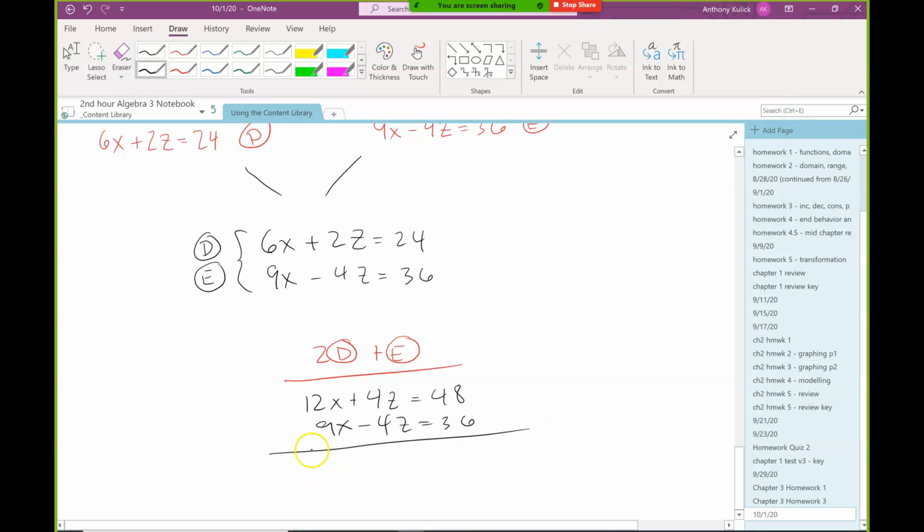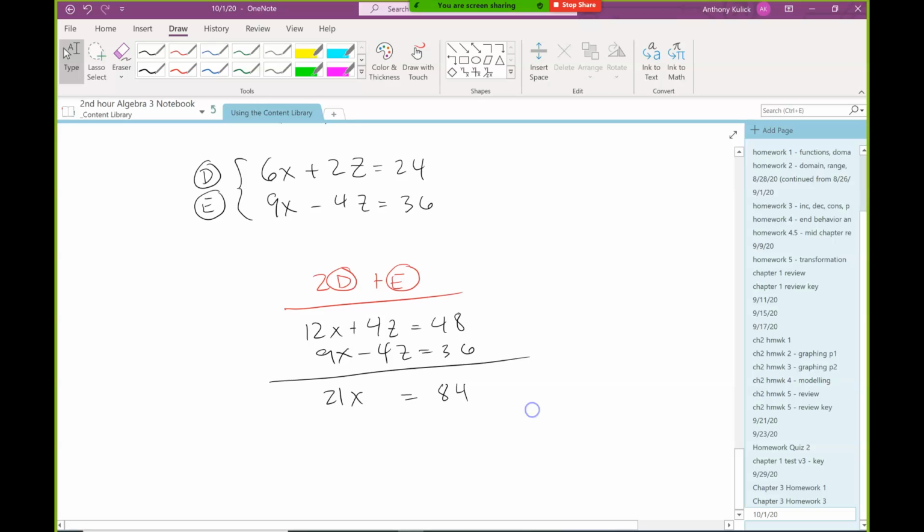And then I'll add down. 12 plus 9 is 21. -4z and +4z give me 0. And 48 and 36 give me 84. So then if I divide both sides by 21, I get x equals 4.